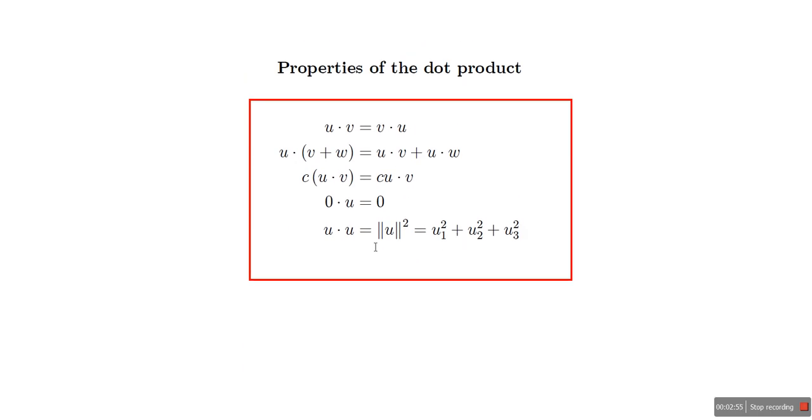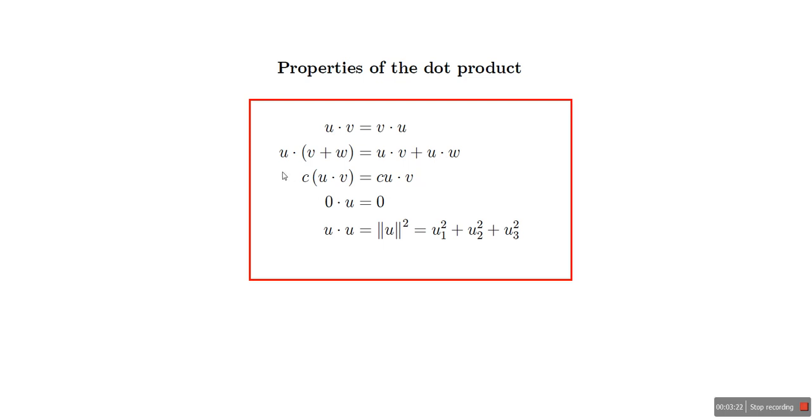Now, the dot product has some very useful properties. The first one: the dot product is commutative, so u dot v is equal to v dot u. And the dot product distributes over vector addition, so u dot (v plus w) is nothing but u dot v plus u dot w.